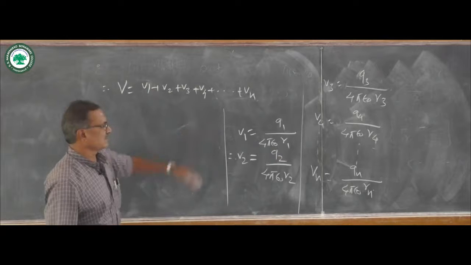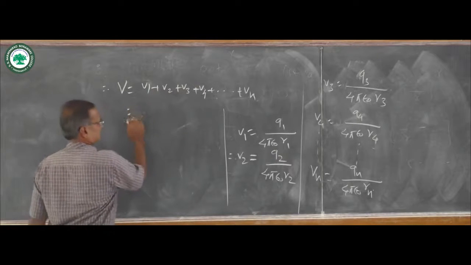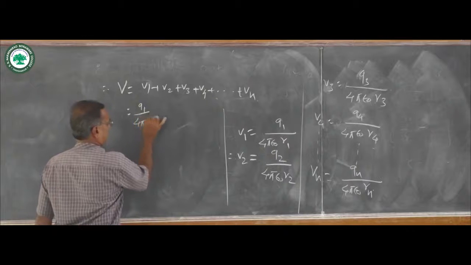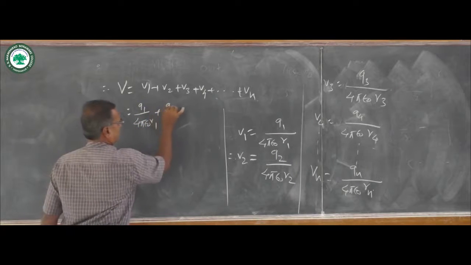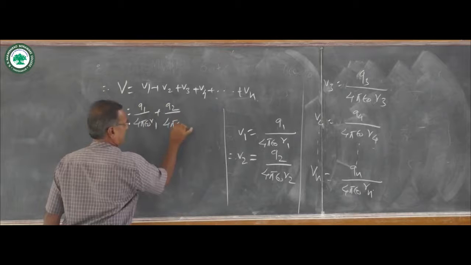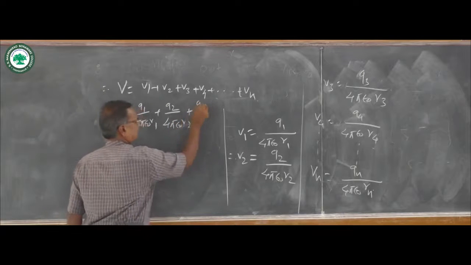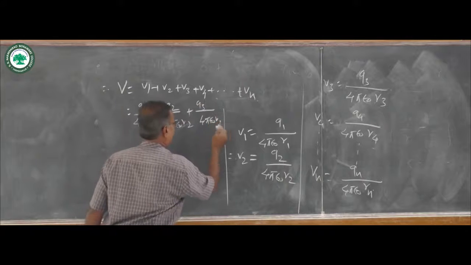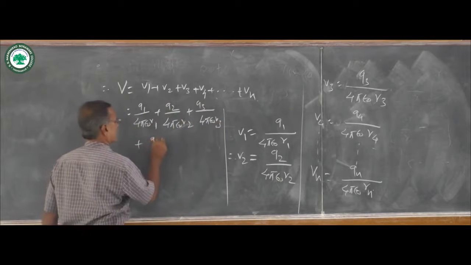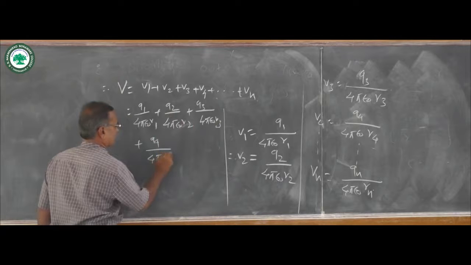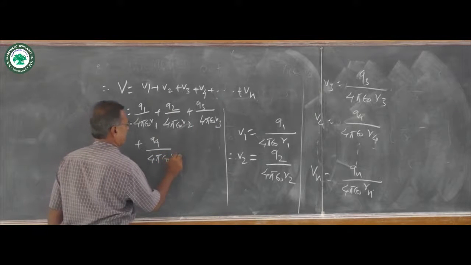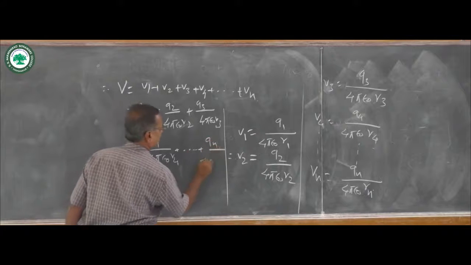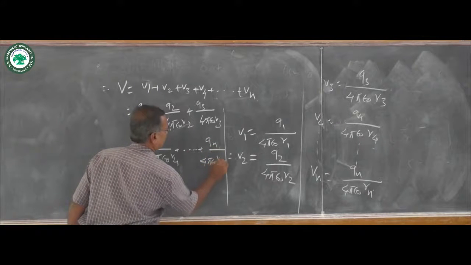Substituting all these, Q1 by 4 pi epsilon naught R1 plus Q2 by 4 pi epsilon naught R2 plus Q3 by 4 pi epsilon naught R3 plus Q4 upon 4 pi epsilon naught R4 plus and so on, plus Qn by 4 pi epsilon naught Rn.